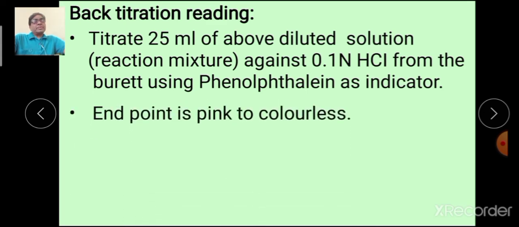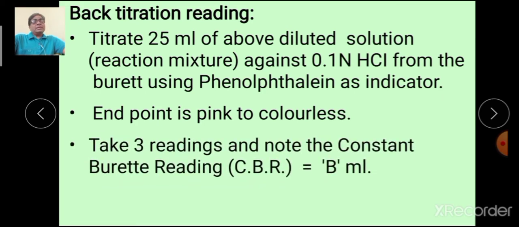The end point is the color change from pink to colorless, as phenolphthalein has pink color in alkali, while after neutralization of alkali the color will change due to the excess of acid drop in the reaction mixture, and it will become colorless, and thus the end point is determined.